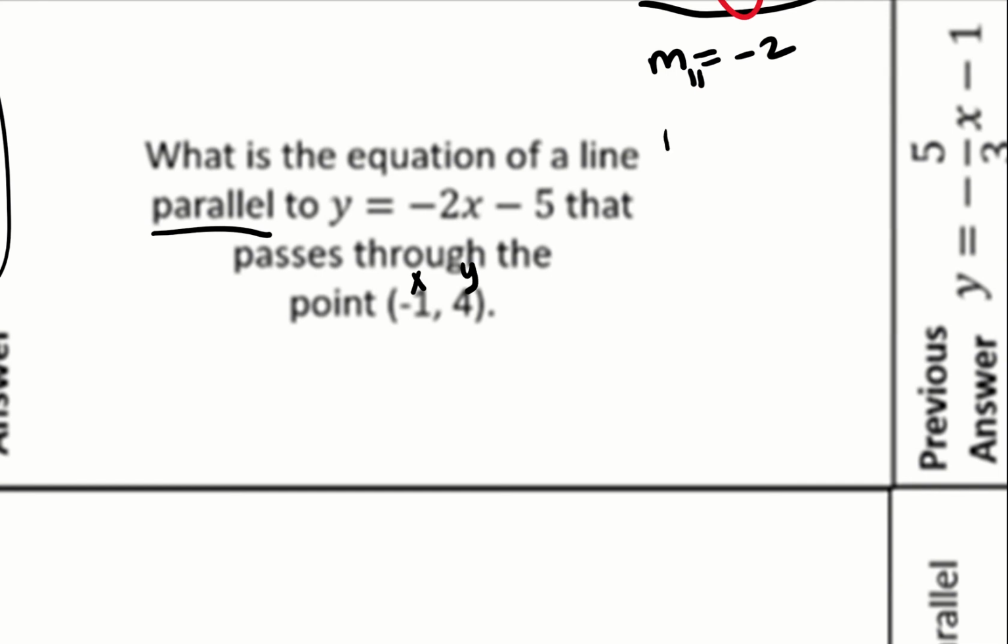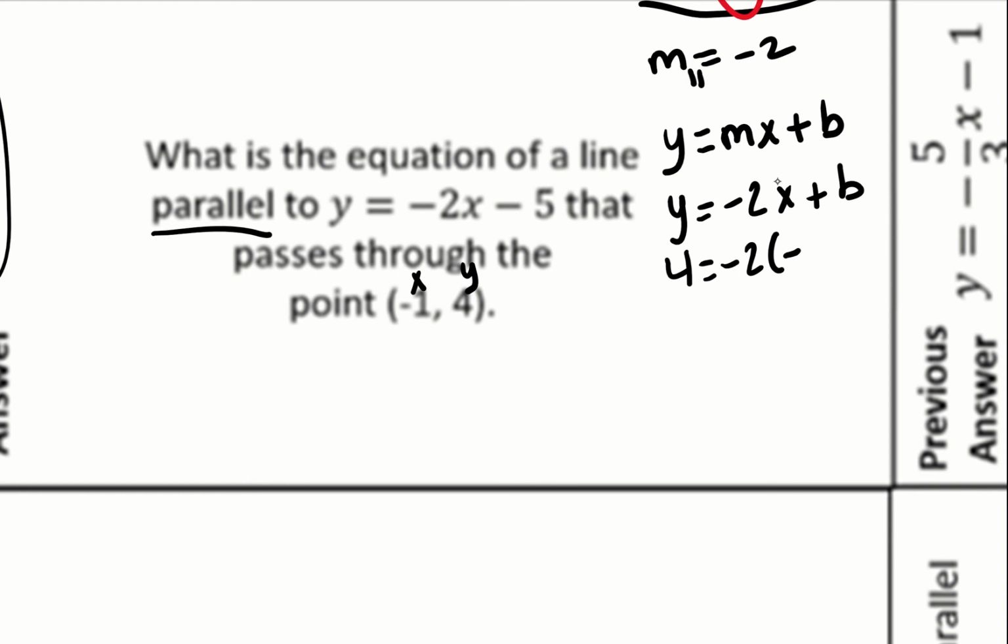So we can go ahead and write down the slope-intercept form of a line. We know that this m is equal to negative 2, so I'm going to replace that first. Next, I'm going to replace x and y, so that means y is going to be 4, x is going to be negative 1.